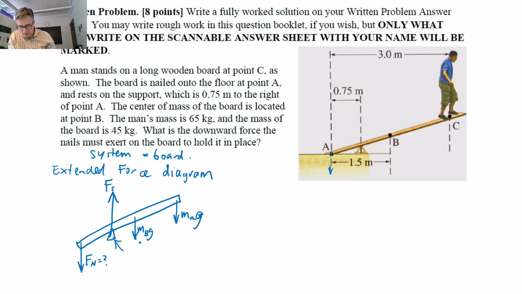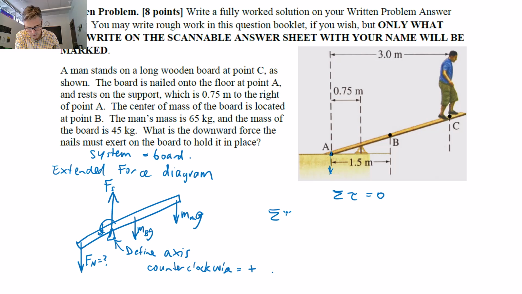So I think what I'm going to do is define the axis to be right there. I'm going to do counterclockwise positive. And we're going to simply say that the sum of the torques is equal to 0 in order to be in equilibrium.